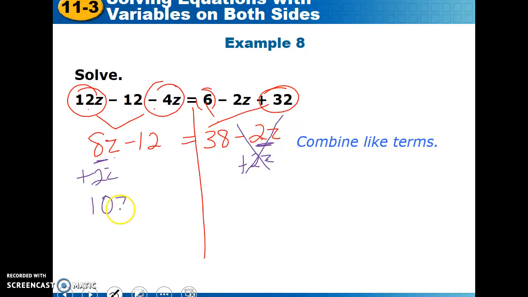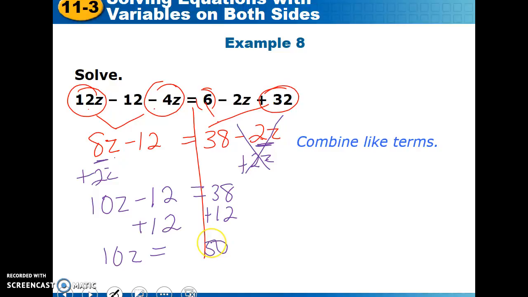I'm left with 10z minus 12 equals 38. Solve like normal. Plus 12, plus 12, 10z equals 50. Divide both sides. I'm left with z equals 5.